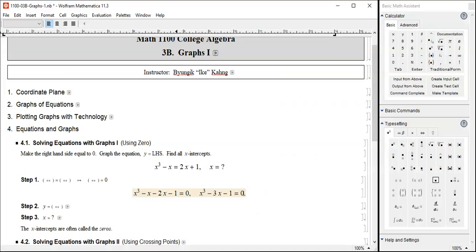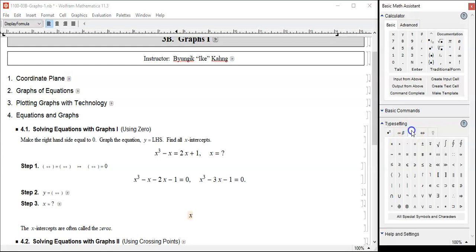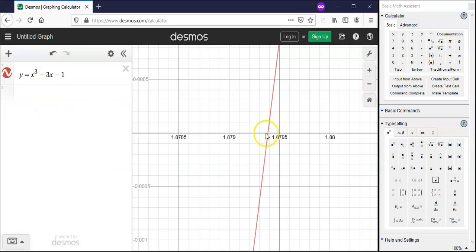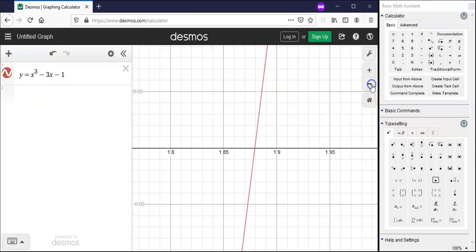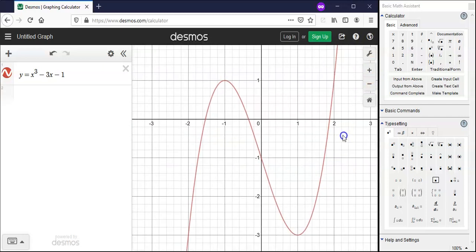Let's go back to the problem. And that graphing method yielded x is approximately equal to 1.789. And then there were two more solutions. Let's go back to this. This was one, but there were two more solutions.